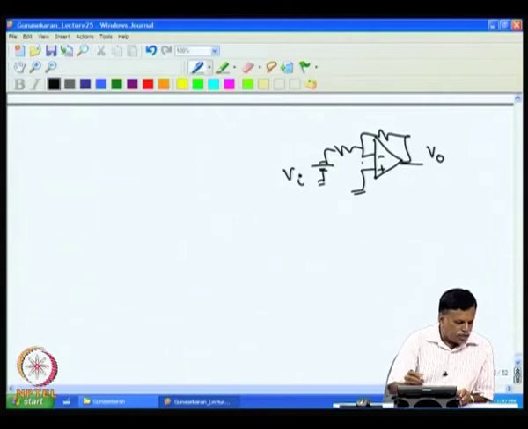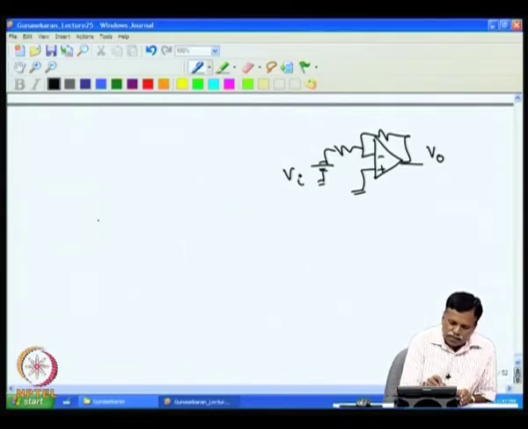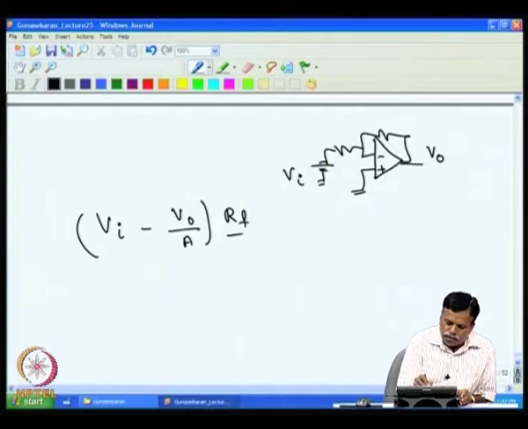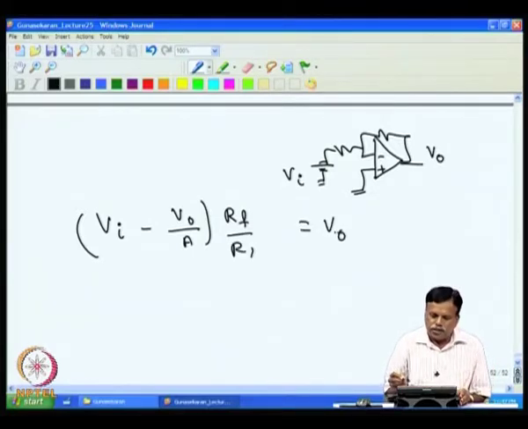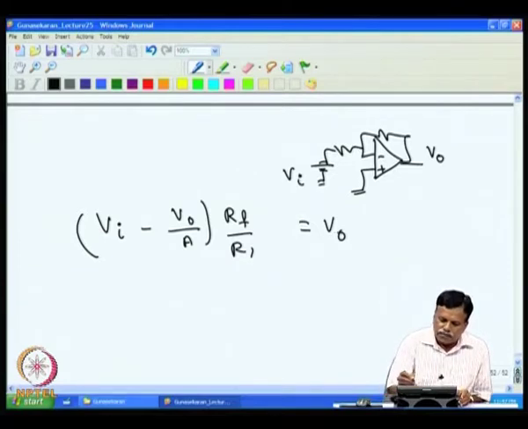So, this voltage actually we can say (Vi minus V0 by A) into RF by R1 is equal to V0. This is coming mainly from this factor, because RF by R1 is your gain.